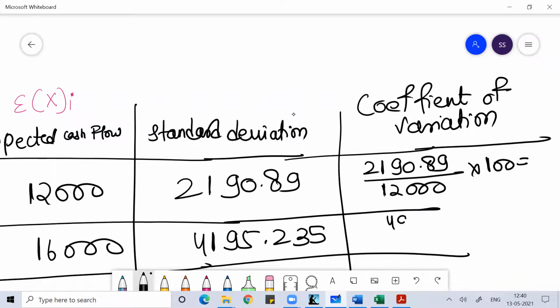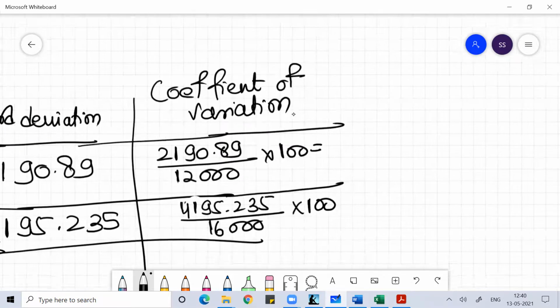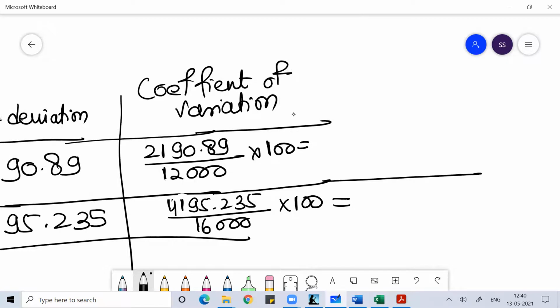For project B, it is 4195.235 divided by the mean, 16,000, into 100. Whichever project gives you the lesser coefficient of variation, you will go with that project. You always judge the project based on the coefficient of variation.